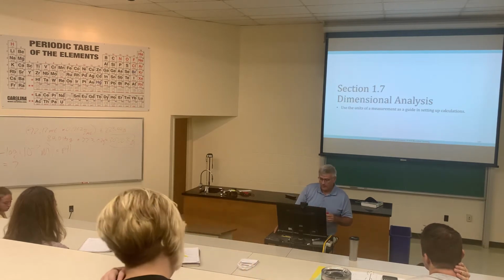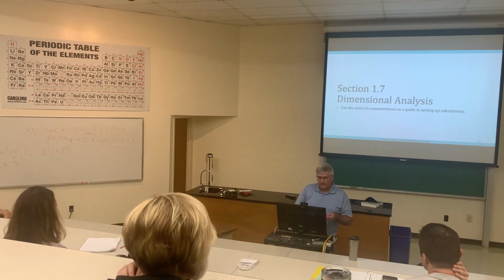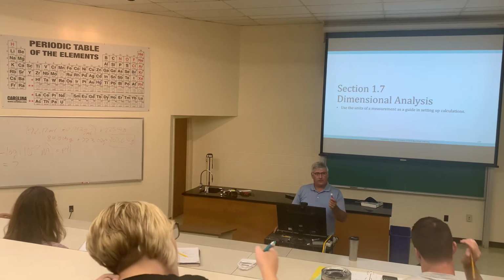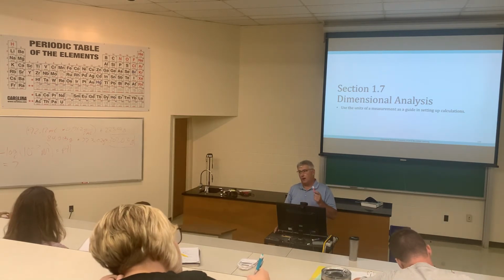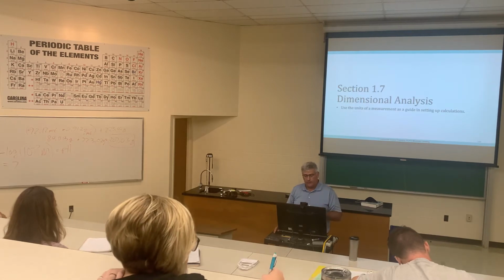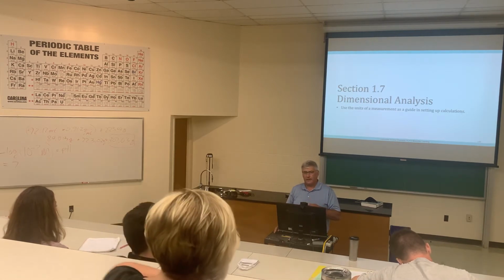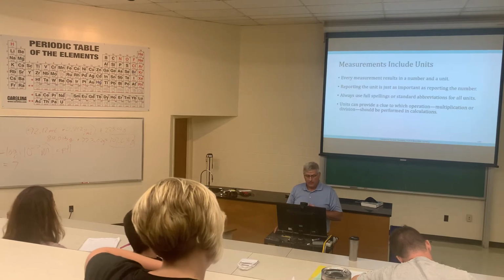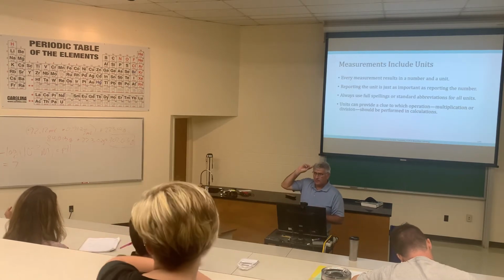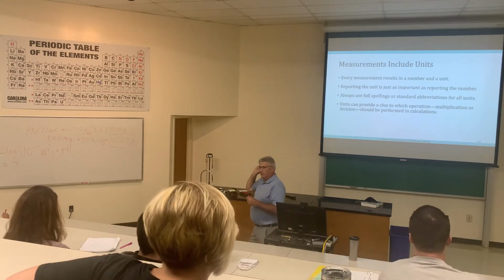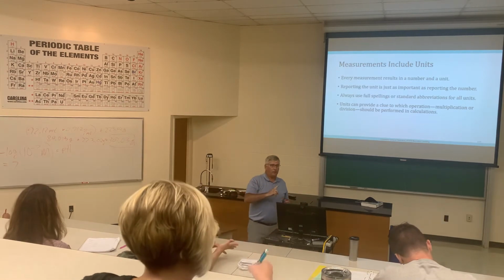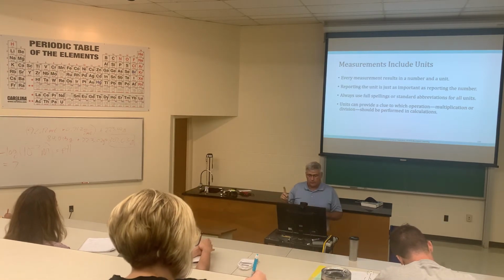So anyway, this is maybe my favorite part. I started on this earlier, and I will harp on this all semester, so you guys will get tired of me saying it. But if you aren't doing dimensional analysis, you're making a mistake. Every measurement should have units that go with it, and I should always write those units with it.